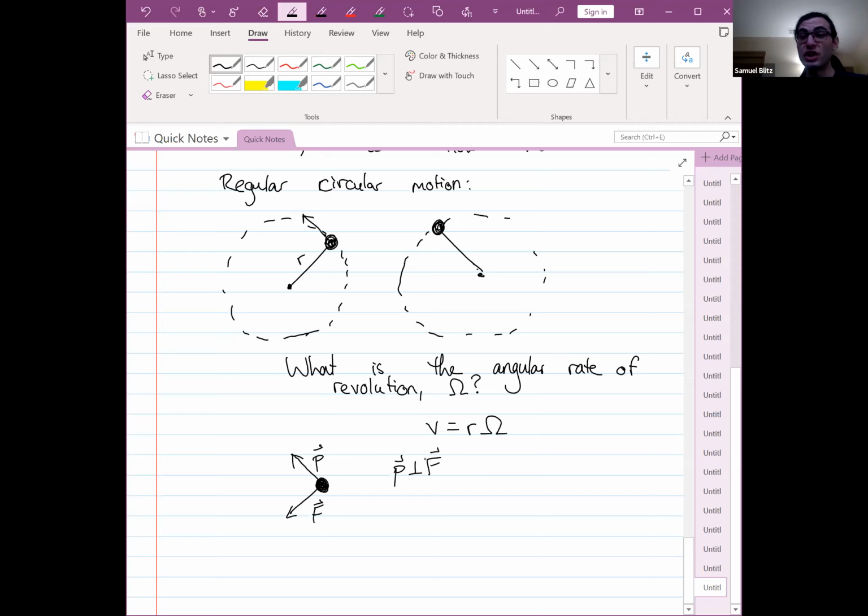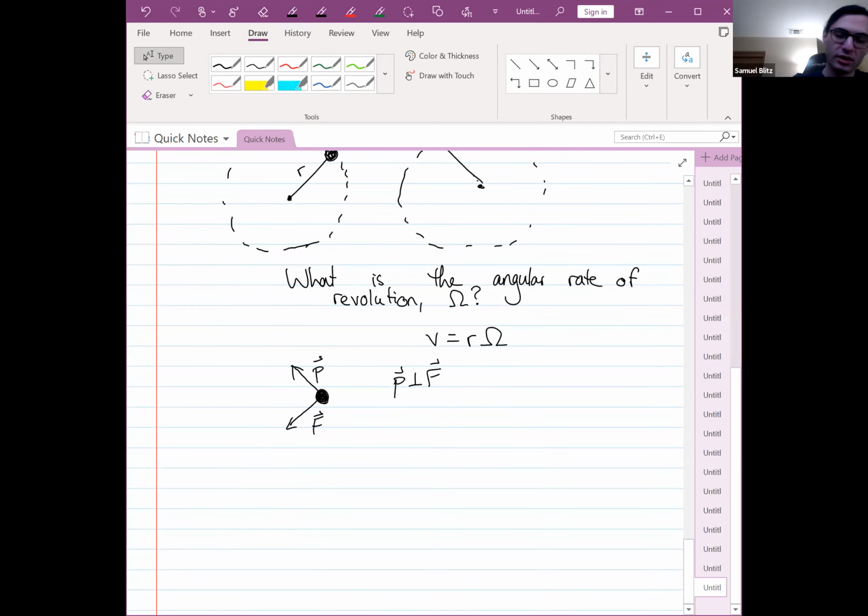And so we can actually just use centripetal acceleration to analyze the system. So the force, this is circular motion, should be equal to the mass times the centripetal acceleration, right? That's just true. And we know what direction the centripetal acceleration is in. It's towards the center of the circle. This should be a vector equation, but I'm simplifying it because the force and the centripetal acceleration are in the same direction.